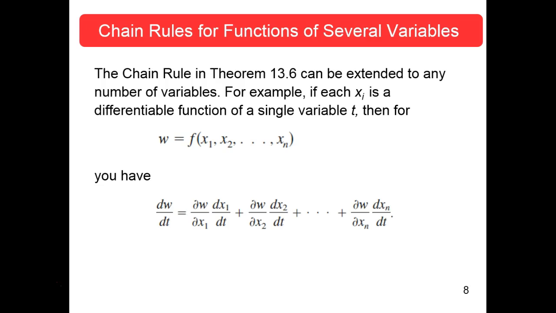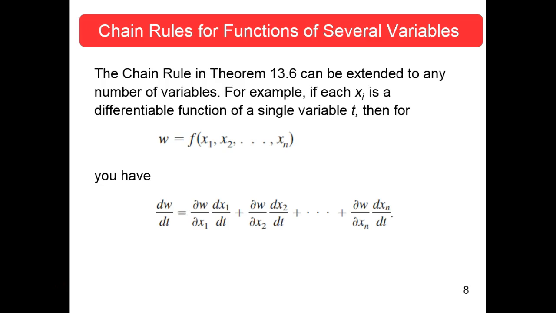Okay? The chain rule in Theorem 13.6 can be extended to any number of variables. For example, if each of the x_i is a differentiable function of a single variable t, then w is equal to some function of x_1, x_2, x_3, up to x_n.